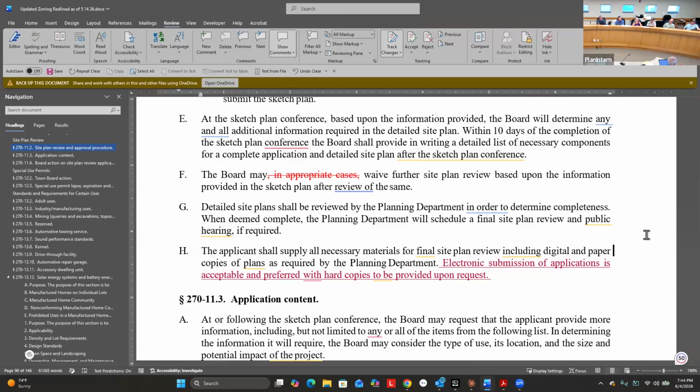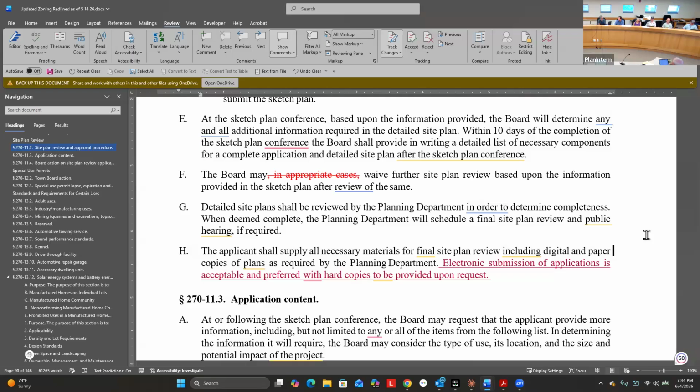Well, we've had a lot of discussion around this previously, actually before many of the people who are on the board now were on it. The idea was to have the planning department decide if it's complete before it comes to us, rather than having incomplete applications coming to us and we decide whether or not it's complete. Right.